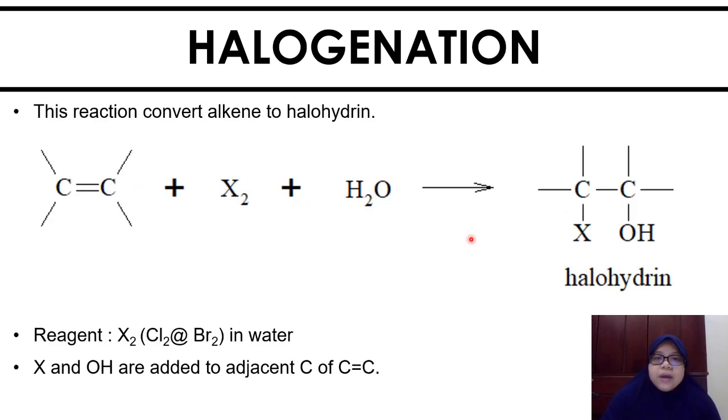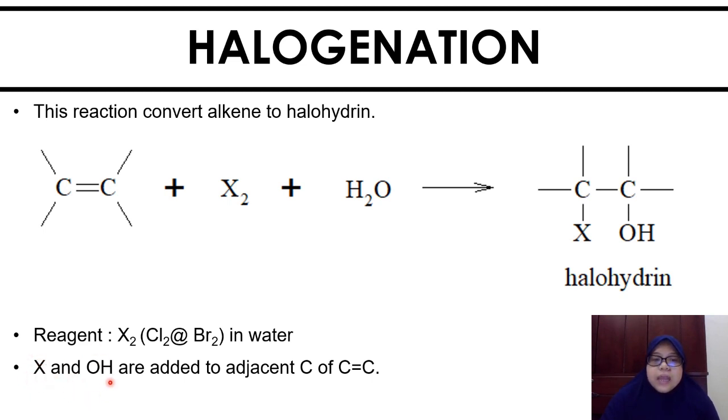So we have another halogenation, which converts alkene to halohydrin, forming a halohydrin. So to form a halohydrin, which is here, this one is halohydrin. The reagent used is halogen dissolved in water. So right now, the atoms that will be added to the carbon-carbon double bond are halogen and hydroxyl.